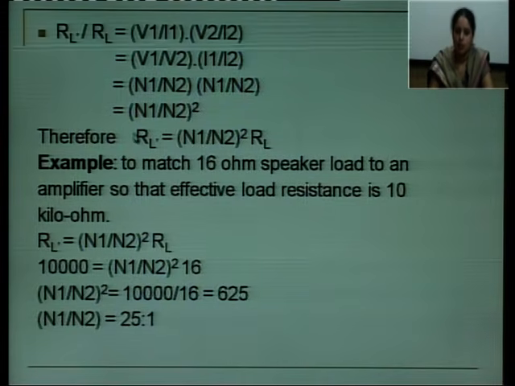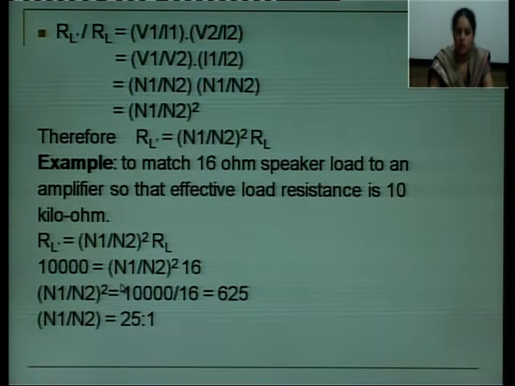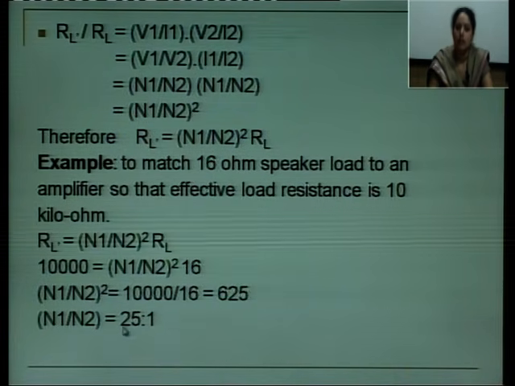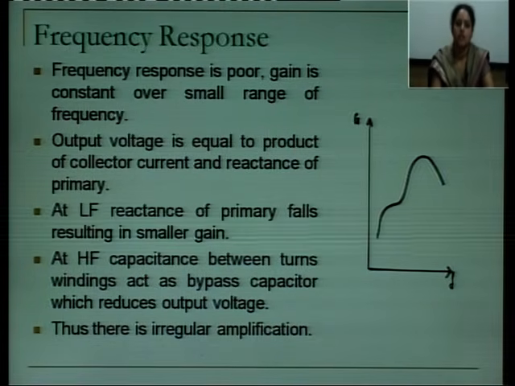Substituting these values into the formula RL dash equals (N1 by N2) squared into RL, RL dash is 10 kilo ohm and RL is 16. Solving this, you get the ratio 25:1. So, to match the 16 ohm speaker load, we want a transformer coupling that provides this ratio 25:1.